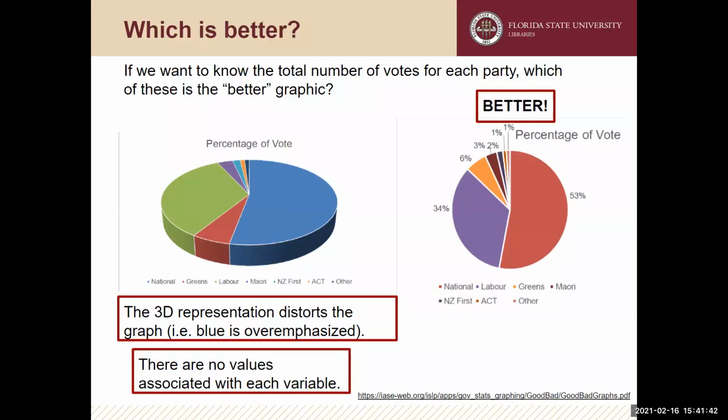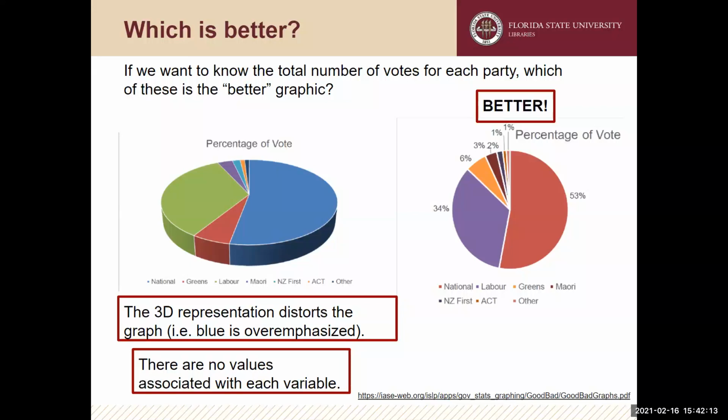So it's going to really focus on that lightish blue part on the right, and even on that small red sliver in the middle, and not focus as much on the one in the back. So it's a lot harder to get a reliable sense of the amounts. But if we want to know total percentage, we would definitely look at the one on the right.